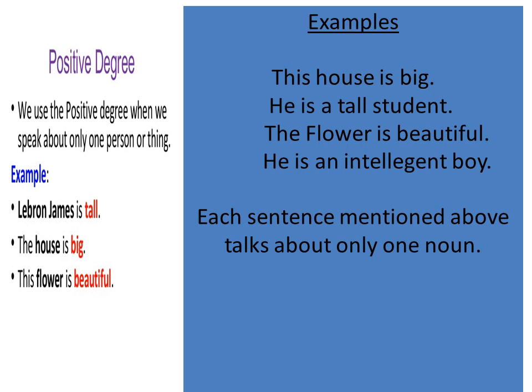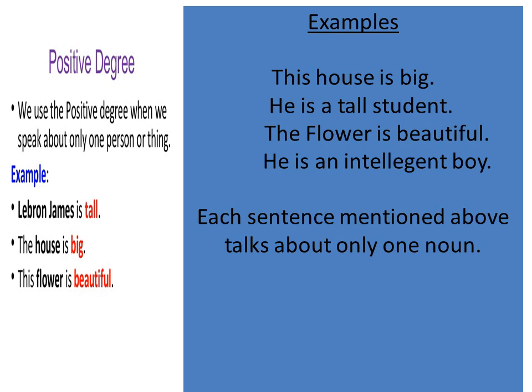Let's look at some examples. LeBron James is tall. The house is big. This flower is beautiful. Let's look at more examples. Now, when we say this house is big, in this sentence only one noun, which is the house, is talked about. So, we are talking about only one house and not any other house.